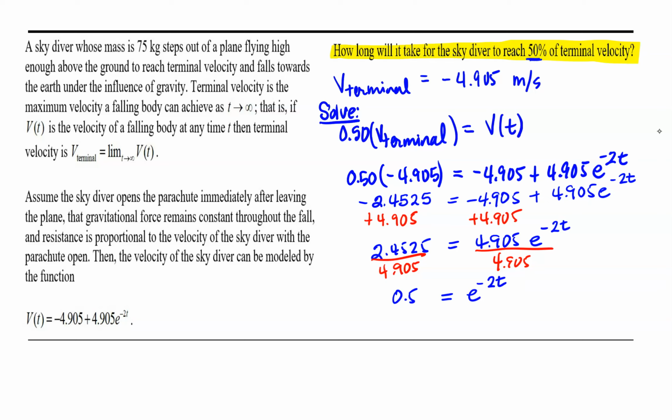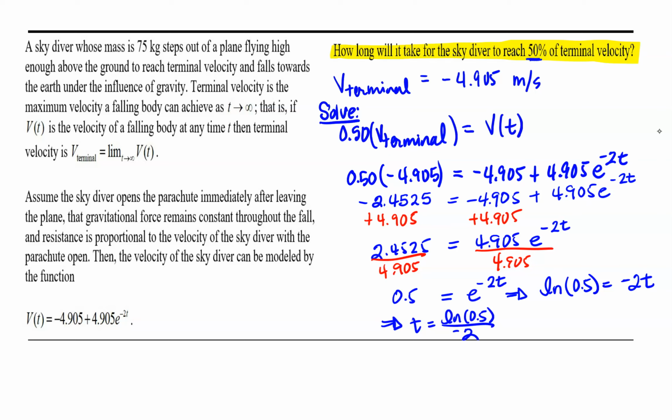Now we're solving for t, so we'll take the natural log of both sides of this equation. So we get the natural log of 1/2, or 0.5, equals negative 2t, which then implies that t should equal natural log of 0.5 over negative 2.